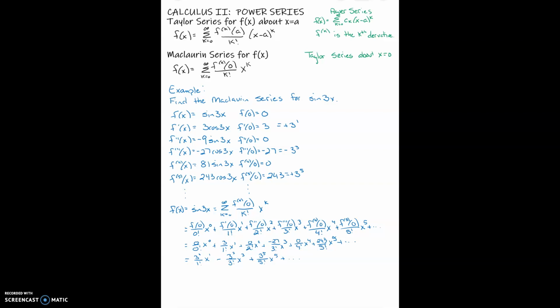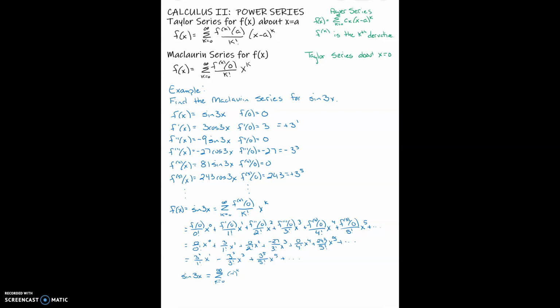So that means that our function sine of 3x can be written as the sum as k goes from 0 to infinity. Now, first thing I'm going to write is the alternating sign. I want an alternating sign starting with a positive. That is negative 1 to the kth power. Remember, k is starting at 0.